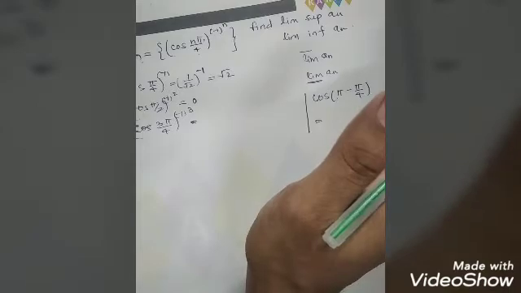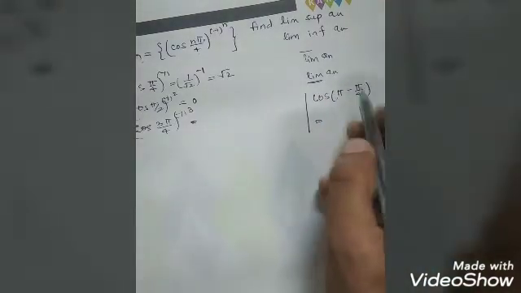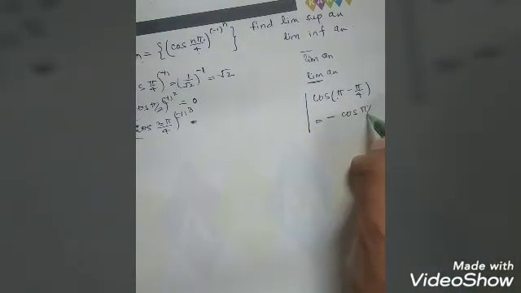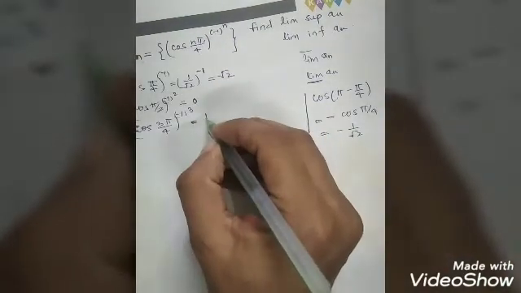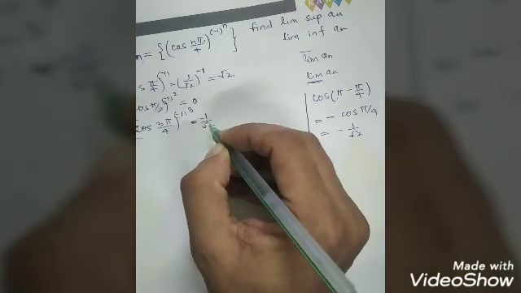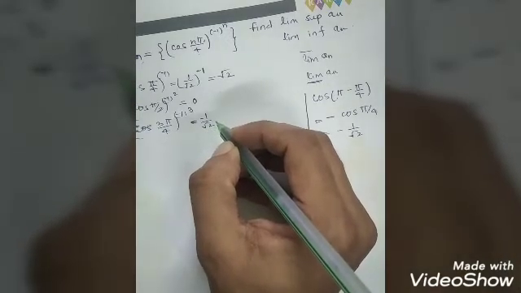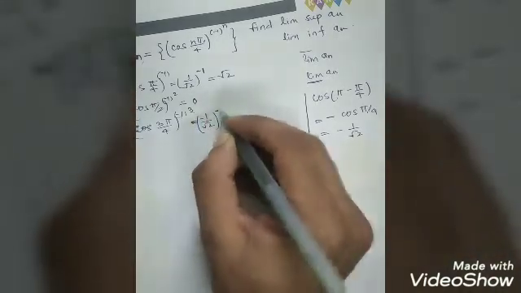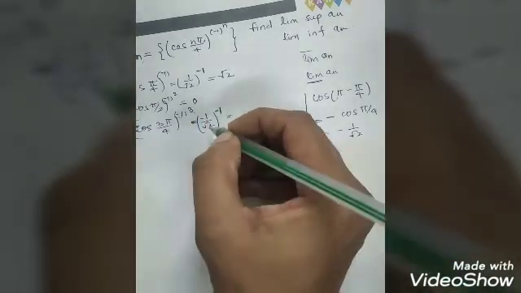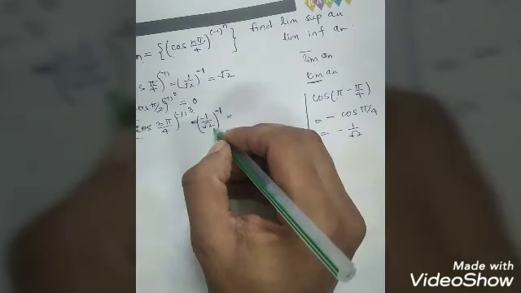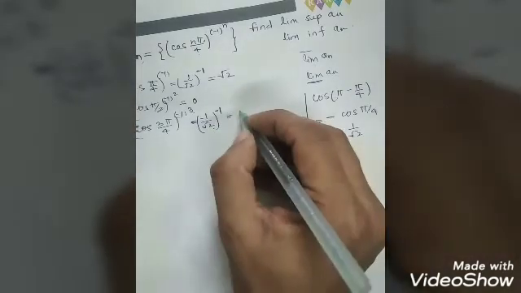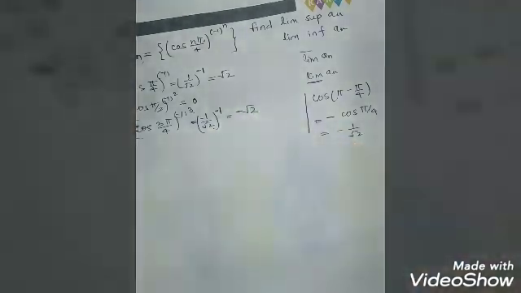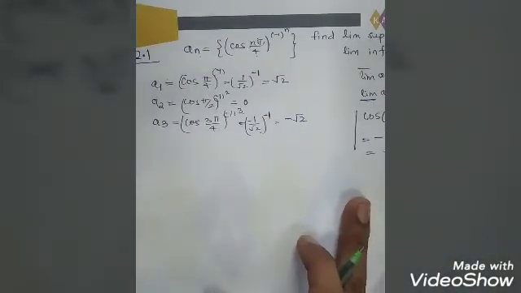This lies in the second quadrant, so it equals minus cos π/4, which is minus 1 by root 2. Minus 1 cubed is minus 1, so we take the inverse of minus 1 by root 2, which is minus root 2. So we have three terms up till now.